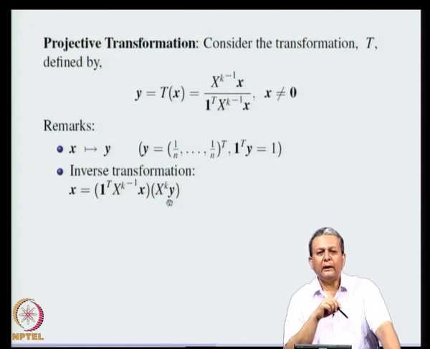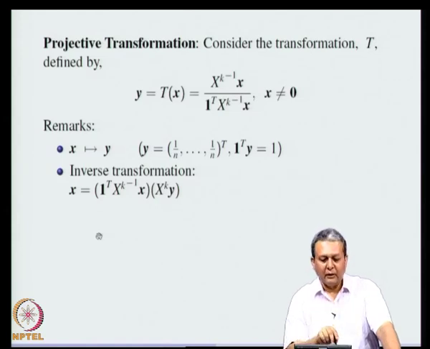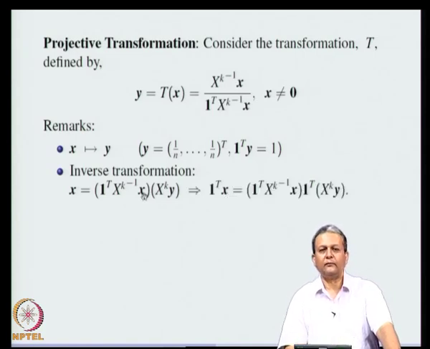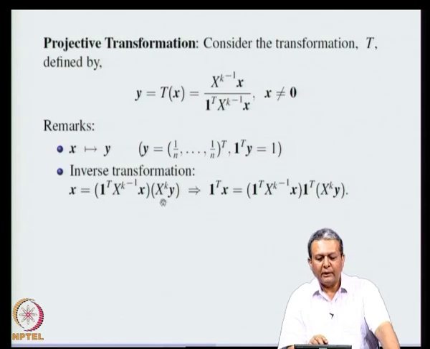Now, we want to write x in terms of y. So, we have to get rid of this x from this expression and write it in terms of y. So, let us see how to do that. Now, 1 transpose x will be nothing but 1 transpose xk inverse x into 1 transpose xk y.